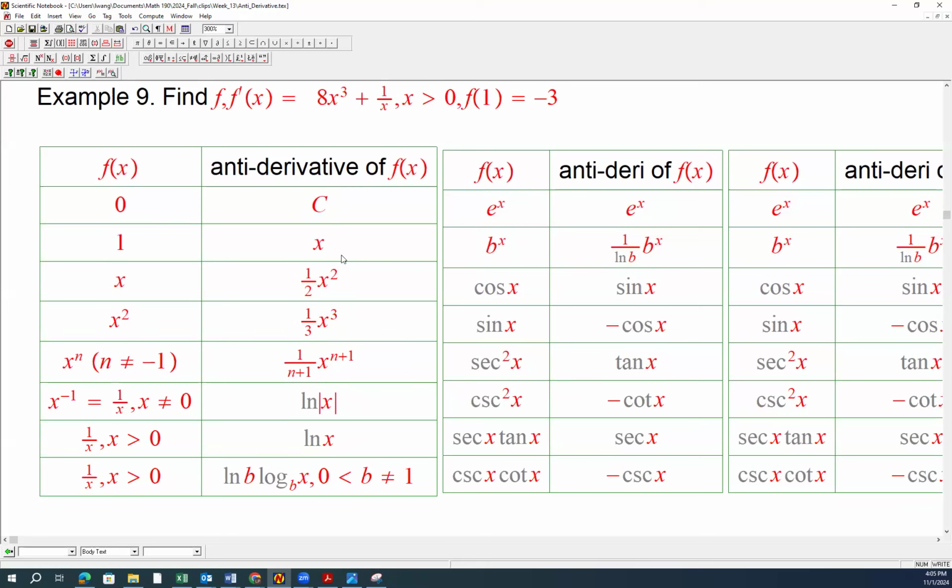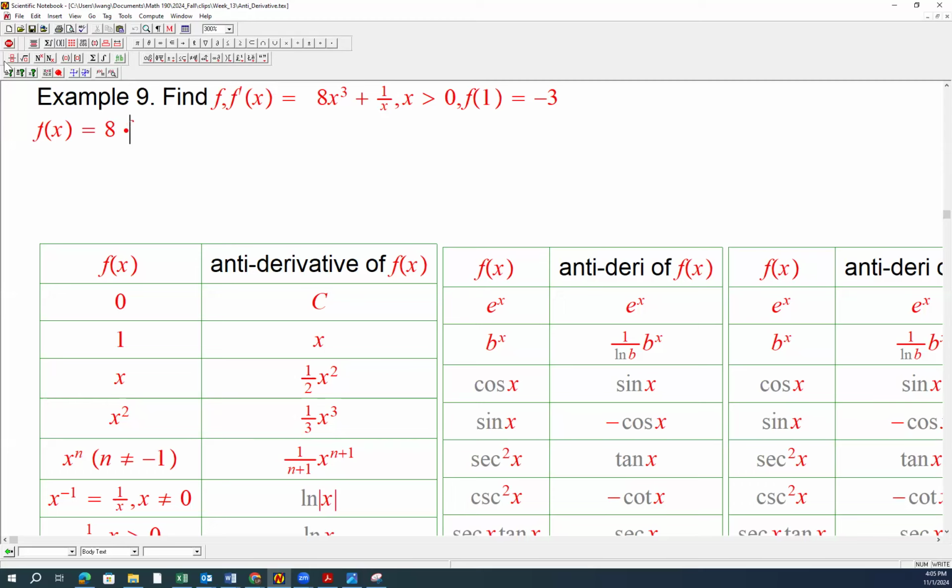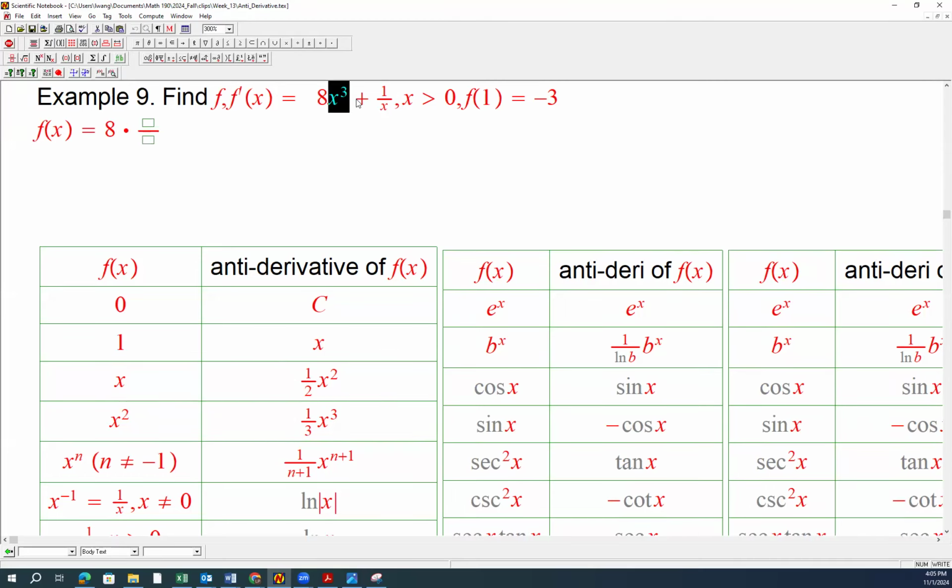Number 9. All right. We are given the first order derivative. We are also told x is greater than 0. Okay, so we can have f of x, which will be the antiderivative of the first order derivative. So we got 8 multiplied by x raised to power 3.